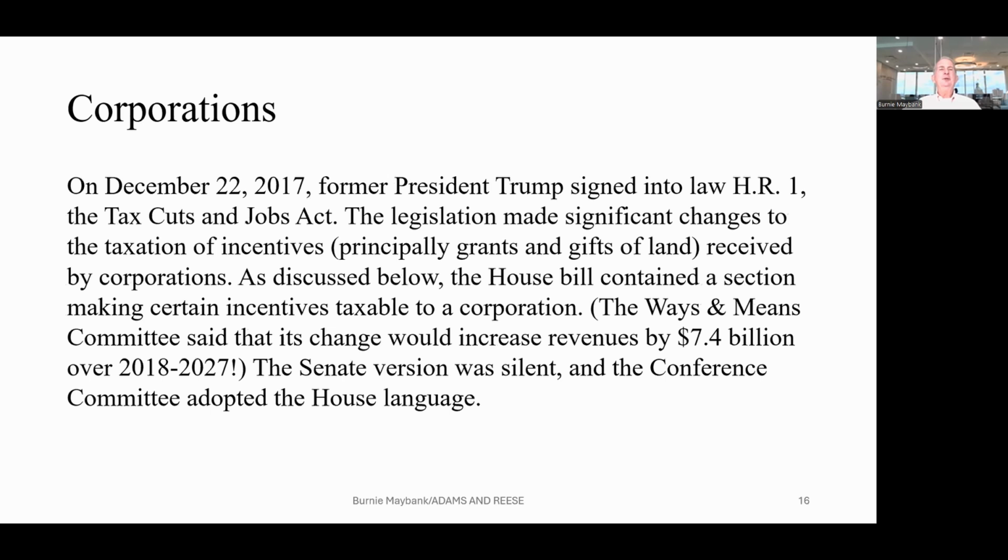So on December 22nd, 2017, former President Trump signed into law the Tax Cuts and Jobs Act. The House bill contained a provision making certain incentives taxable to a corporation, and the Senate version was silent, and the conference committee adopted the House language, which made receipt of incentives by corporations subject to federal income taxes.